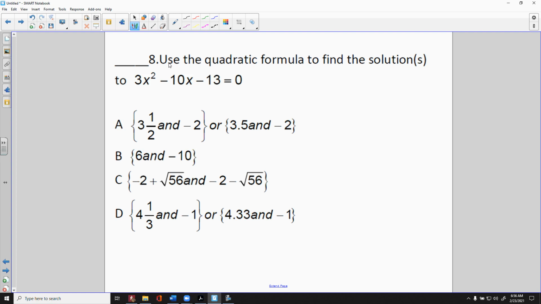All right, and so in number 8, it is using the quadratic formula, -b plus or minus the square root of b squared minus 4ac all over 2a.